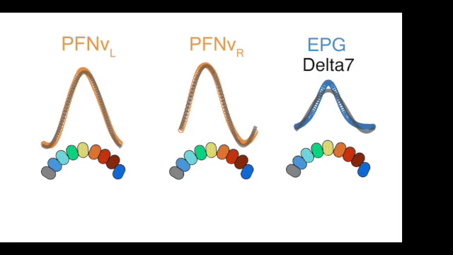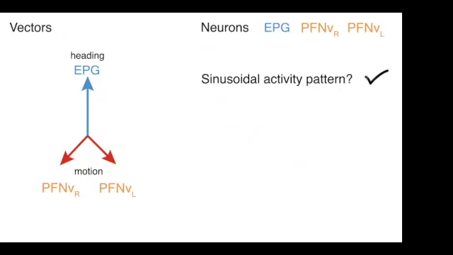But there's an extra cell that carries the compass signal down to these PFR neurons, the traveling direction neurons. And we believe that the sum of those two, which is what these PFRs get, is more sinusoidal. And so I'm going to give us a pass on the sinusoidal activity patterns and move on.